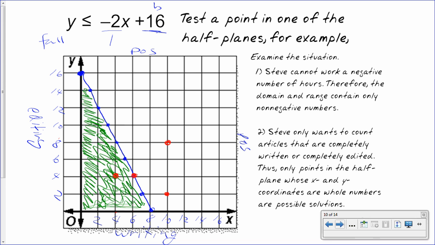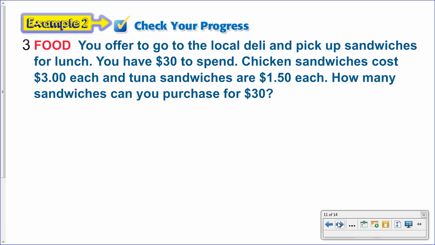No. See what I'm saying? So my point has to lie in the shaded area. Okay, there's the CYP that you're going to have tomorrow.